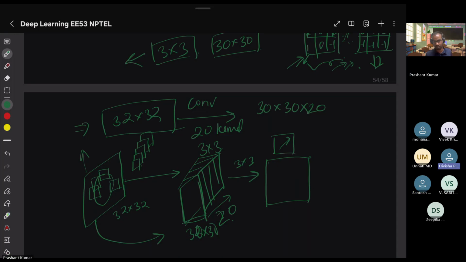Here, what I understood is 3 by 3, 20 kernels. There are various different filters or weights, and they are doing different things, like finding horizontal or vertical edges, or sharp edges. When we convolve the first one with the 32 cross 32, the first 30 by 30 layer will come.